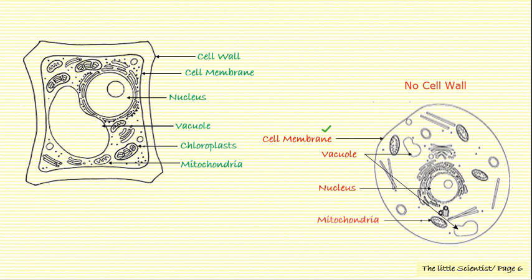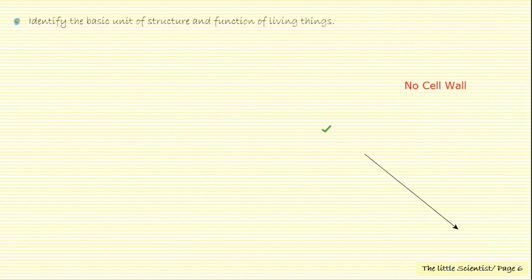The mitochondria's job is to provide ATP energy needed for the cell to work. Here is where respiration happens. Respiration is the process that provides bodies with ATP energy. Okay, and that's it.